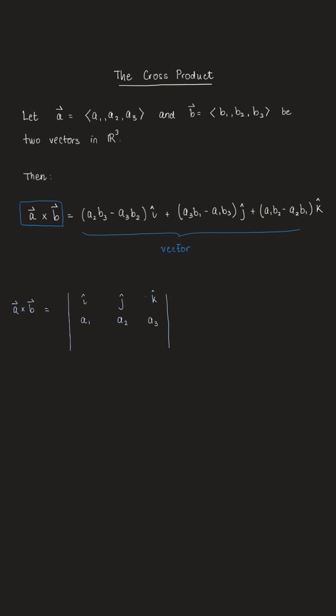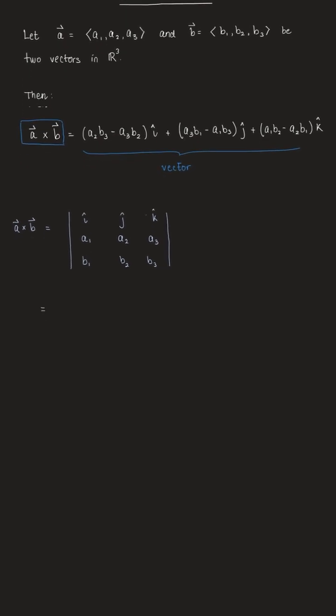And the third row will be the components of the second vector B, B1, B2, and B3.